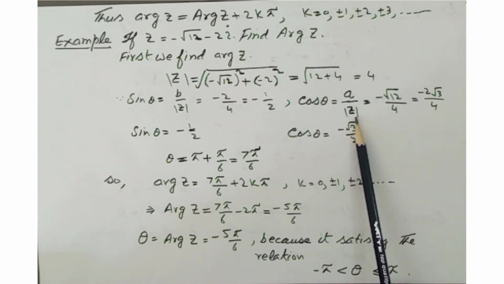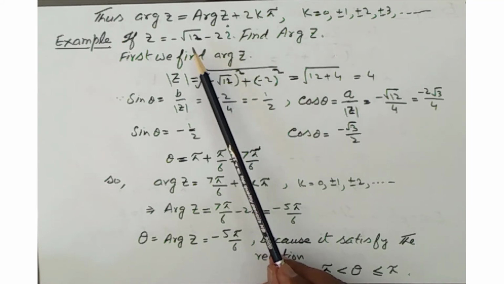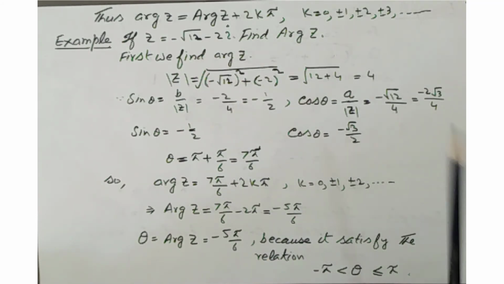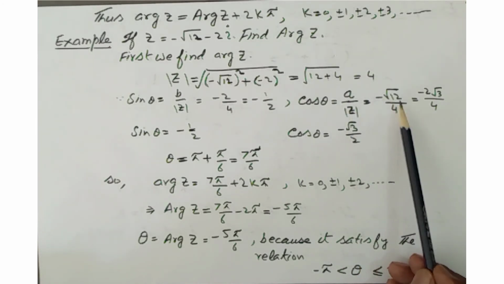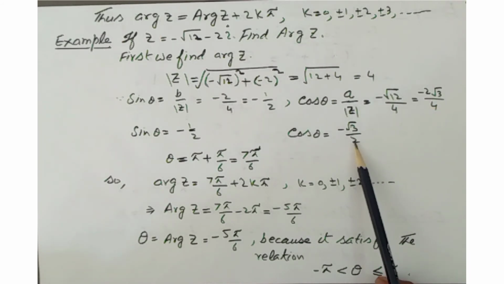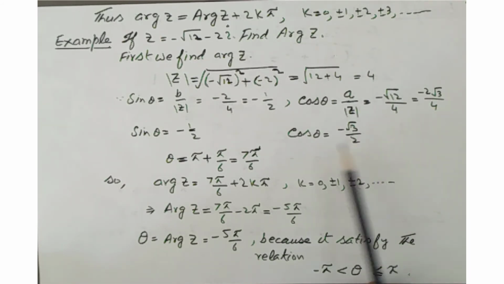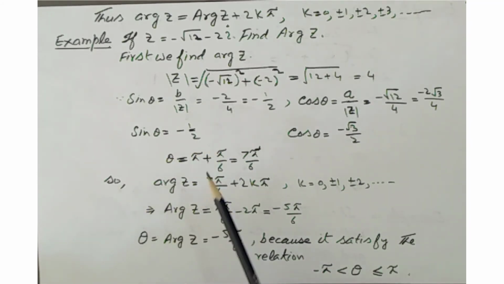And cos theta equals a over z mod, here a is minus under root 12 and z mod equals 4. The value is minus under root 12 over 4, which equals minus 2 under root 3 by 4, this becomes minus under root 3 by 2, and sin theta equals minus 1 by 2.